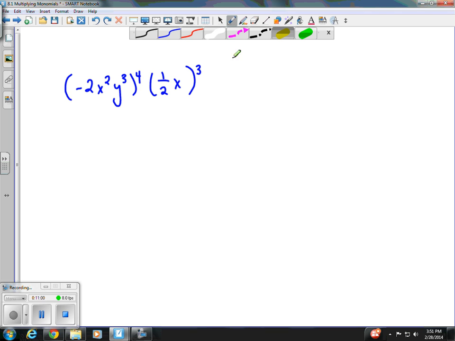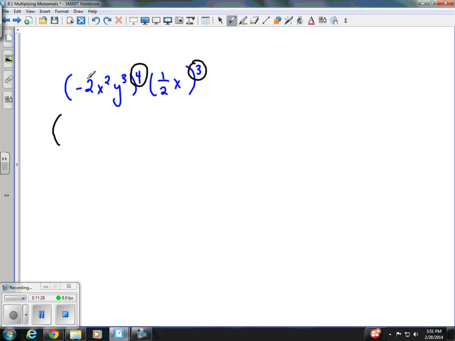So here's our last example. It has multiple parts. I have to use the order of operations because I have 2 parentheses, so that means I have 2 monomials here, and they're all being raised to a power. In order of operations, I have to worry about my exponents before I can worry about multiplying. So our first step is to distribute our exponent.